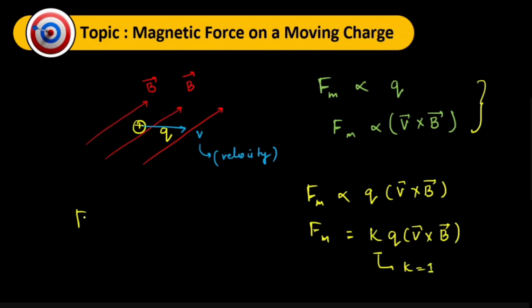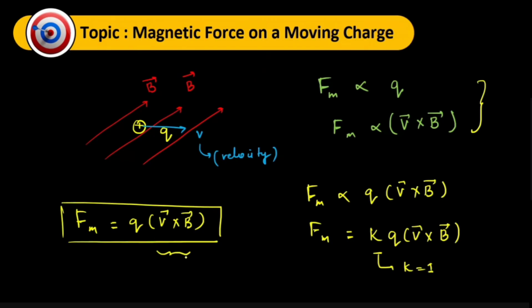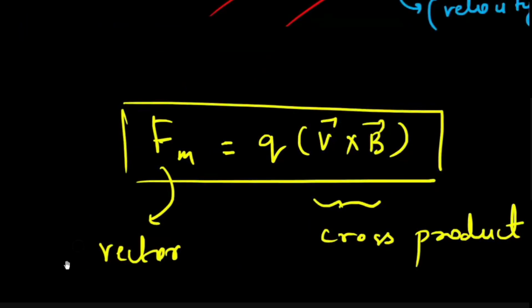So the magnetic force is nothing but Q times V cross B. Again, remember this is a cross product. As force is a vector quantity, it must have some direction.